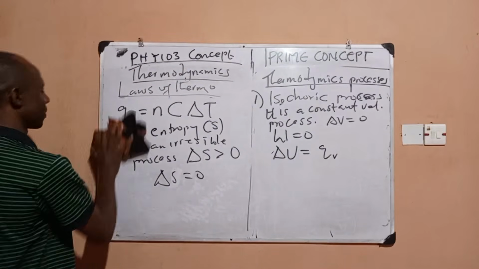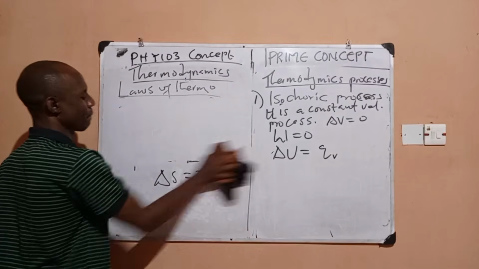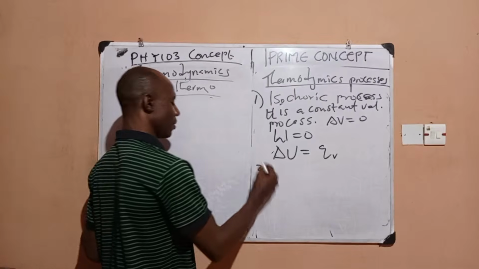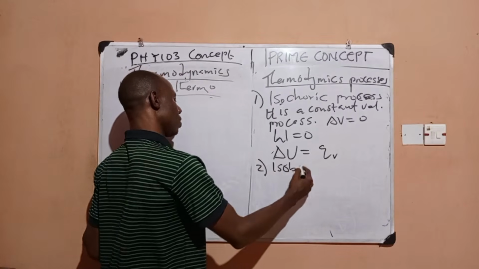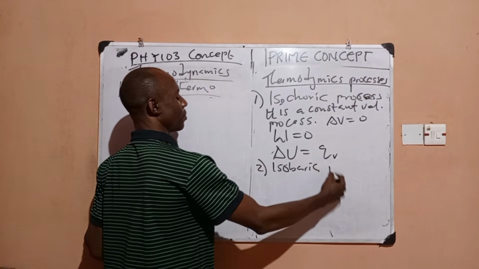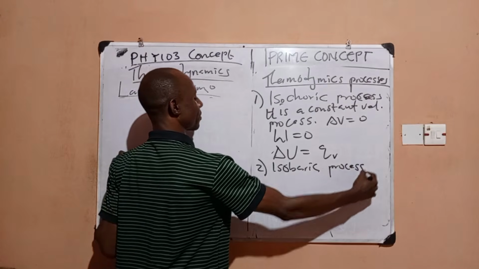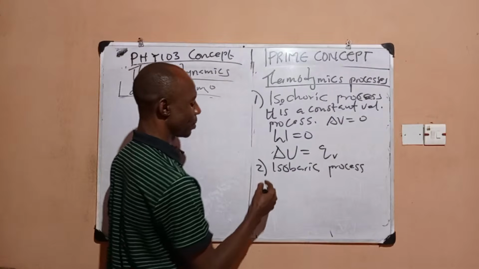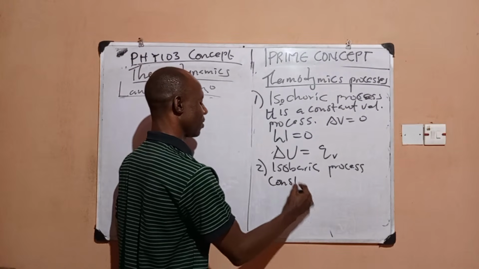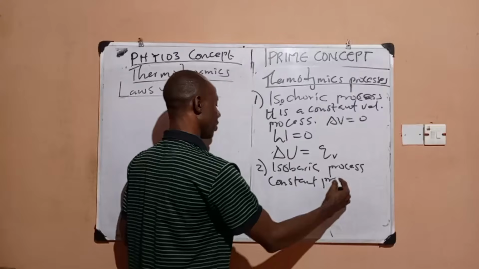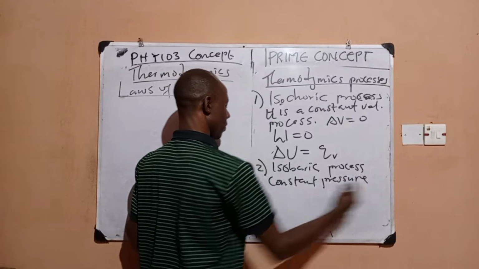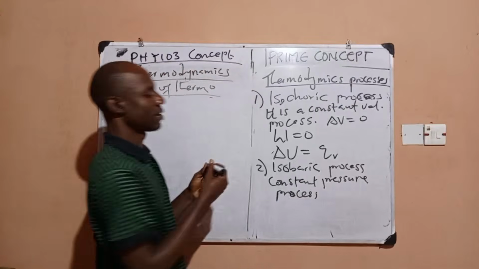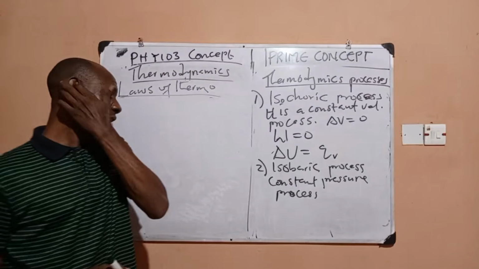Number two is what we call an isobaric process. What is an isobaric process? It is a constant pressure process. That is an isobaric process.